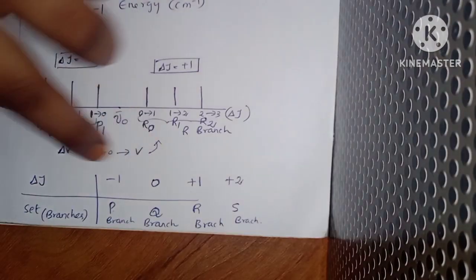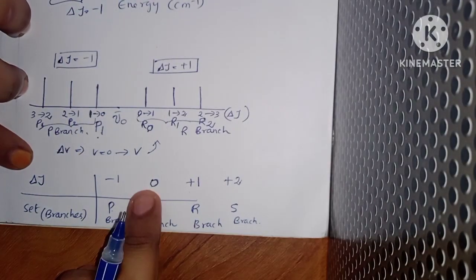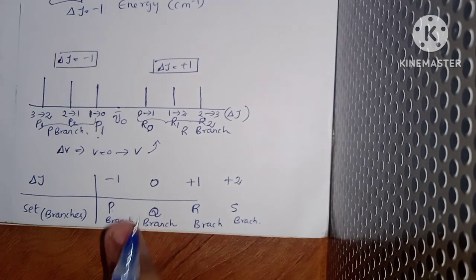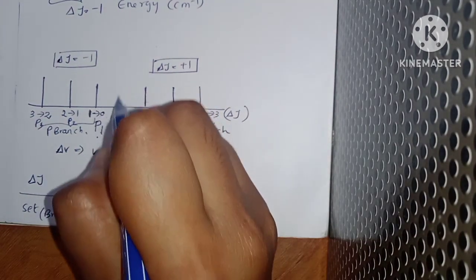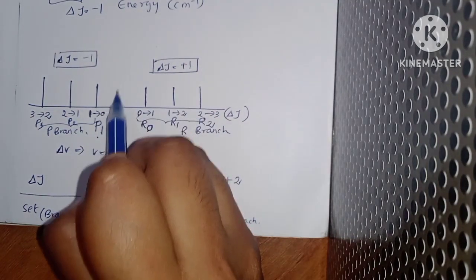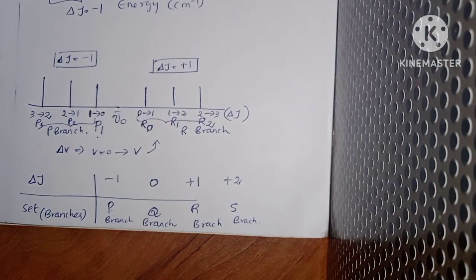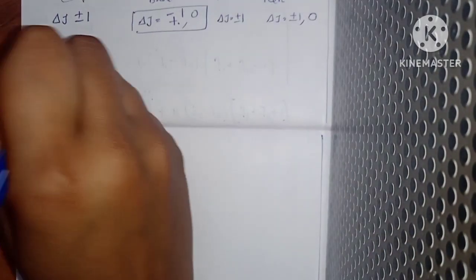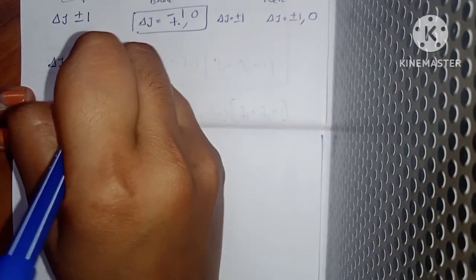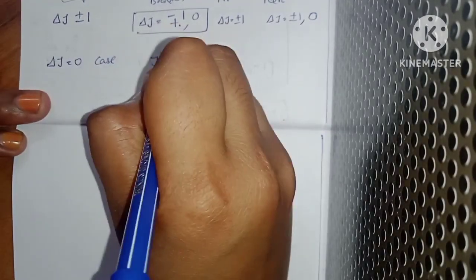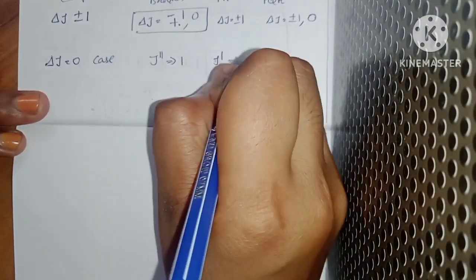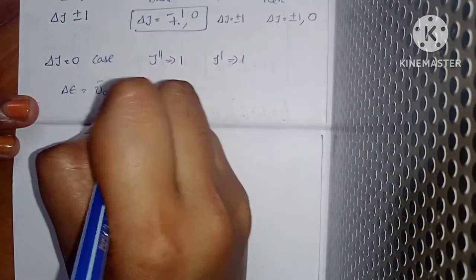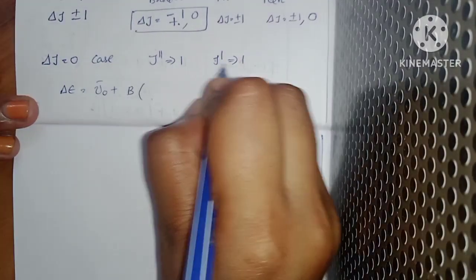We have already mentioned that for delta J equal to 0, this branch is written as the Q branch, and that spectrum will be obtained here. The Q branch will be here, meaning delta J is equal to 0. For the delta J equal to 0 case, if J double dash is equal to 1, J dash is equal to 1 only. Now the transition is mu bar 0 plus B into J dash minus J double dash.